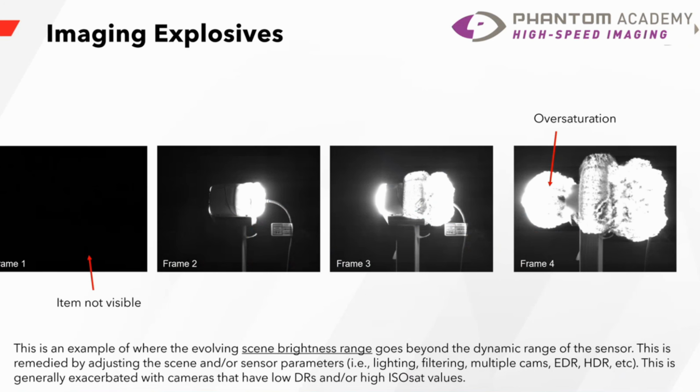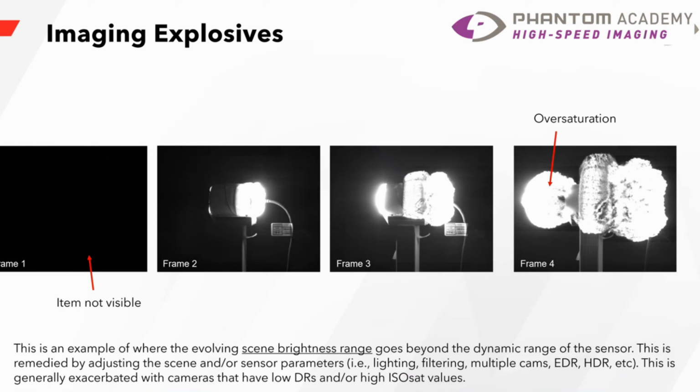This is an example where imaging explosives could really push the limits of your sensor's dynamic range. On the left-hand side, you see before the shot, you can see no item visible in the frame. As you go from the left to the right, the explosive device emits a lot of light upon ignition and eventually leads to oversaturation.